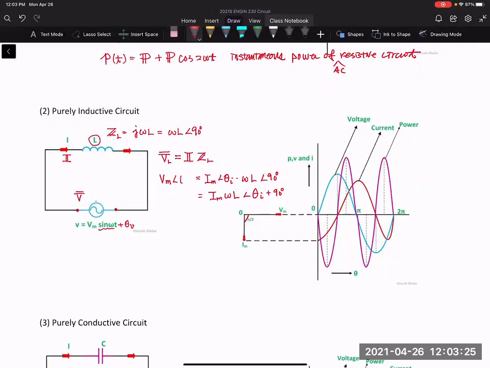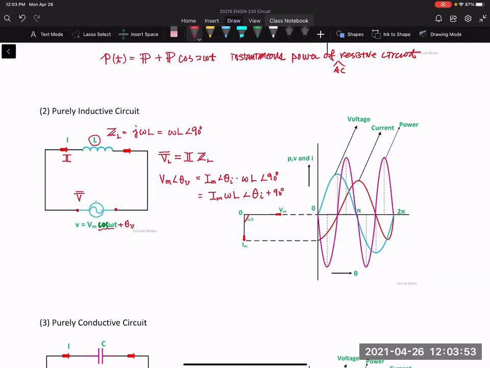Instead of using the sine, let me just use cosine because this is more general. That will be more like our situation. If this is a cosine and I have a theta v here, and this is the expression to represent how they are related, then you can make a more general form like this.